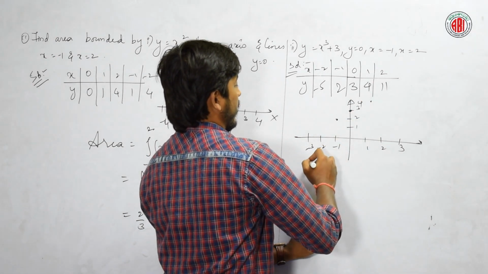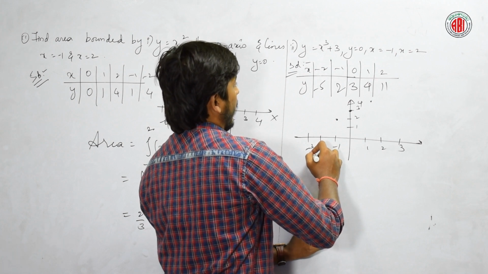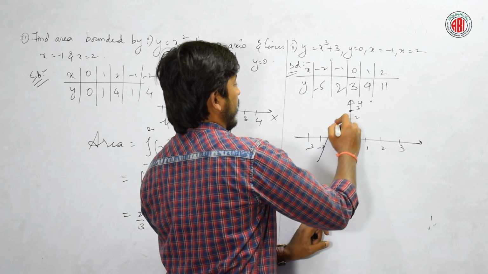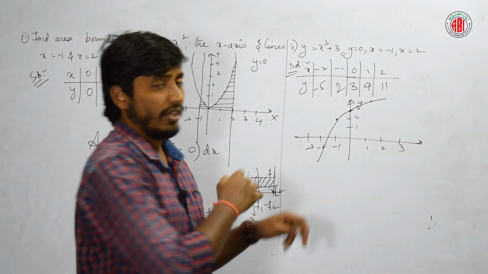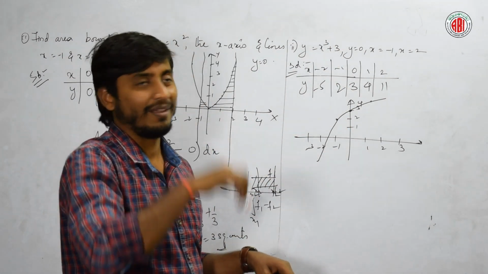This is the curve. Yes or no? For minus 2 it is somewhere minus 5 here, right? So, this is the curve. Obviously, you will get x cube somewhere like this.